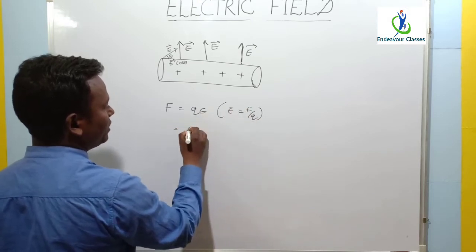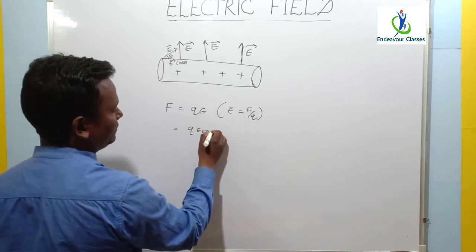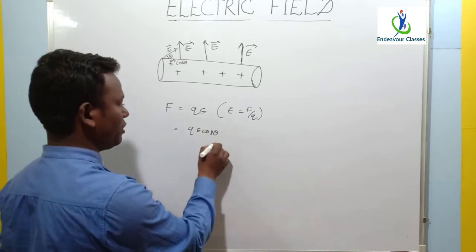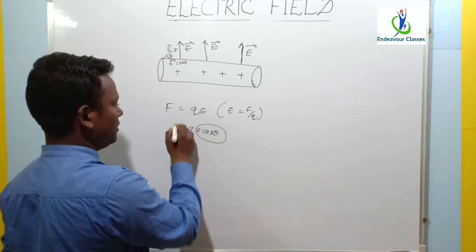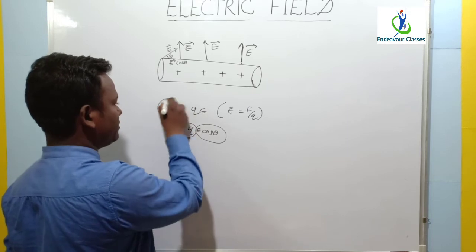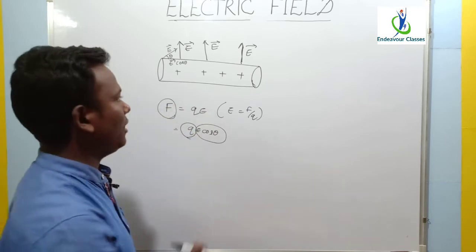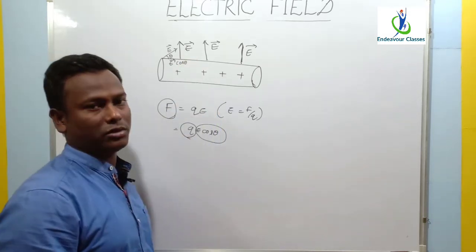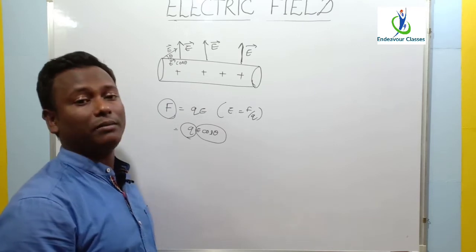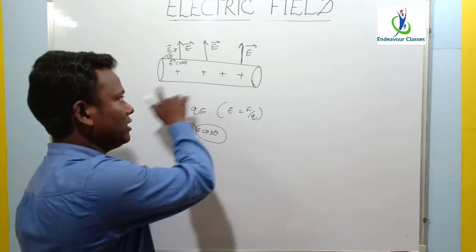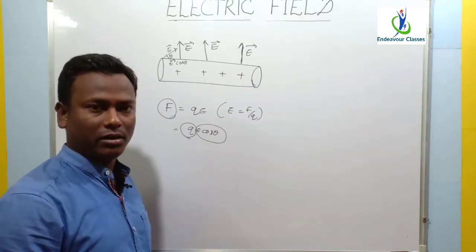So here it will be QE cos theta. Under the influence of that force, the charges will come into motion and constitute an electric current.